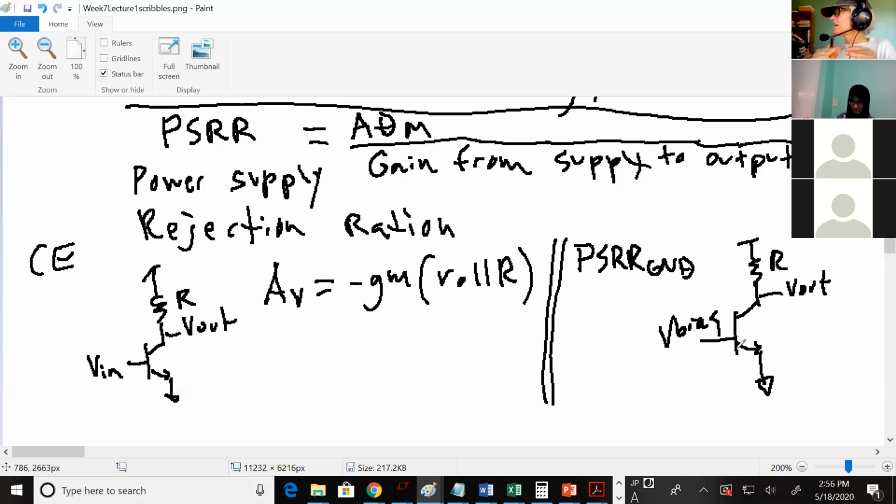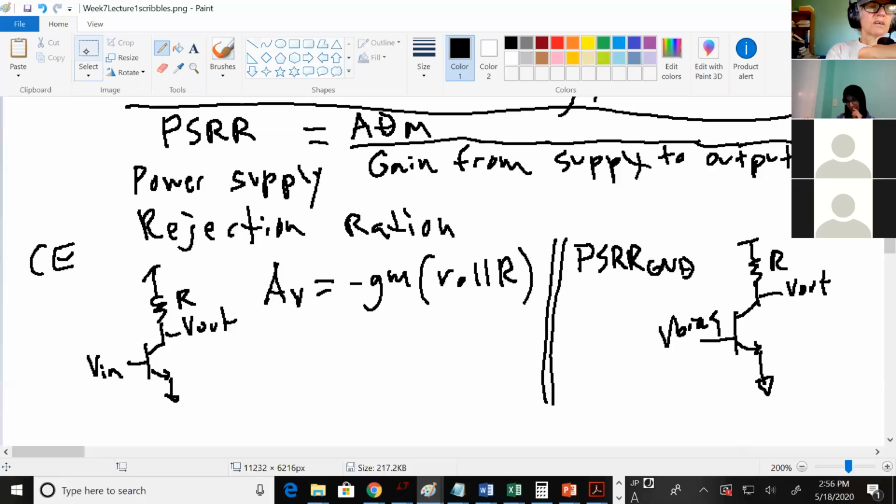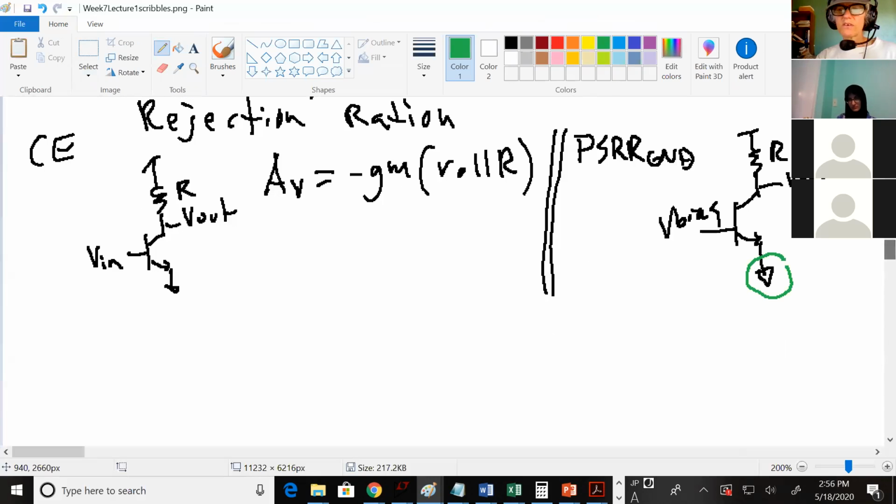I'm going to make the input nice and quiet, so whatever I see on the output, I know that's coming from ground. Now I want to know what happens to noise on ground, how much it shows up on the output. So I'm going to take ground.